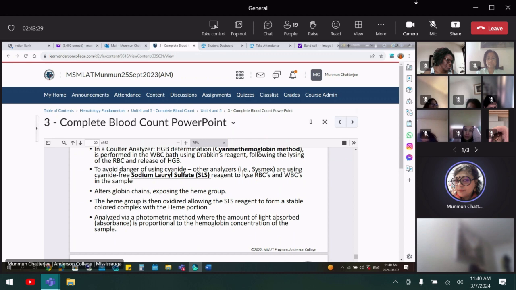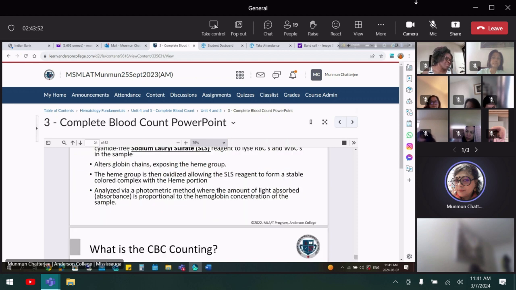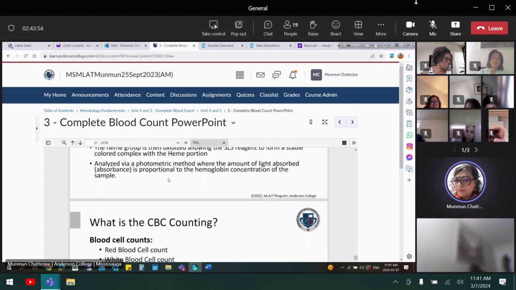Because we are using samples, it is going to be a biohazard, including a chemical hazard. So to take care of that, they are using sodium lauryl sulfate. Both are responsible for lysing the RBC to release the hemoglobin as well as the different WBCs. You don't need to know all these things.